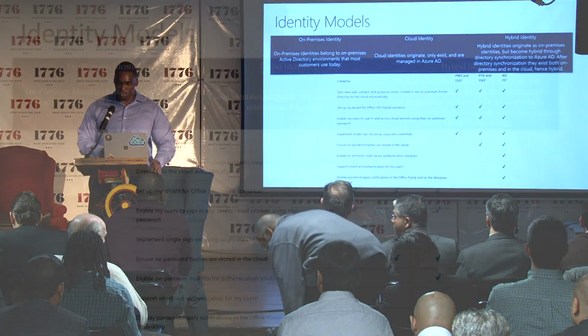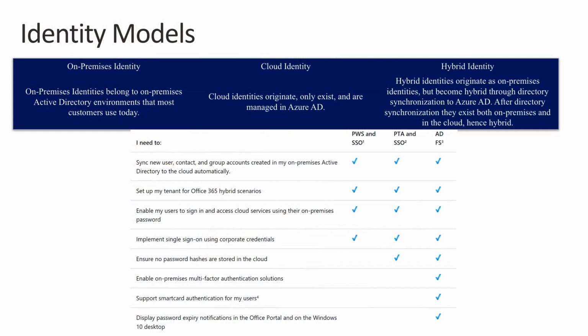And then in the middle, the sweet spot, if you will, is what we call hybrid identity. Some customers want to run things in a hybrid manner, so we provide you hybrid identity to go along with that. What does that mean?